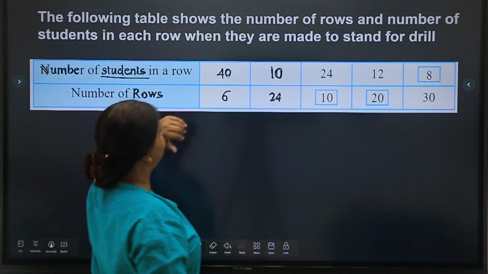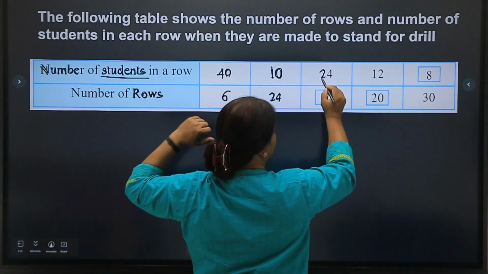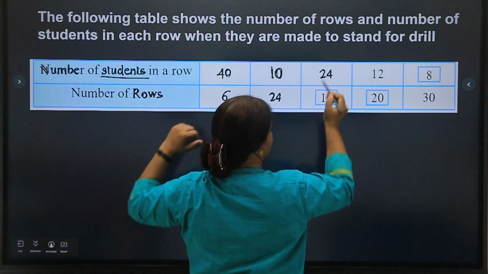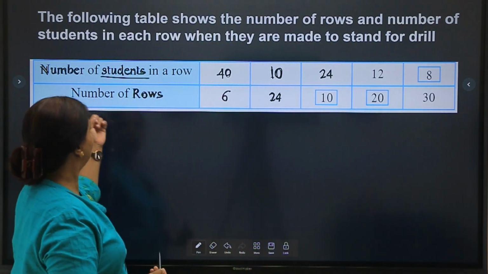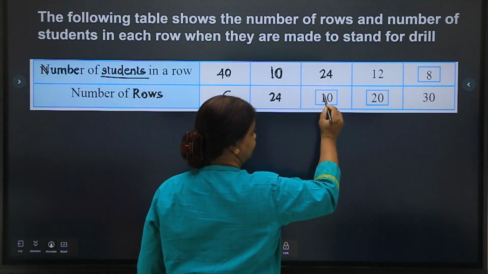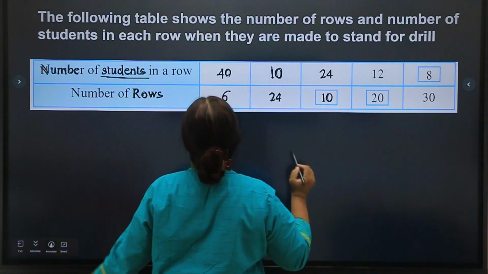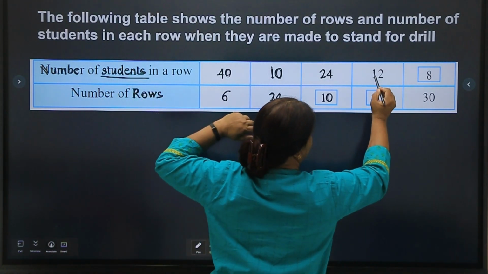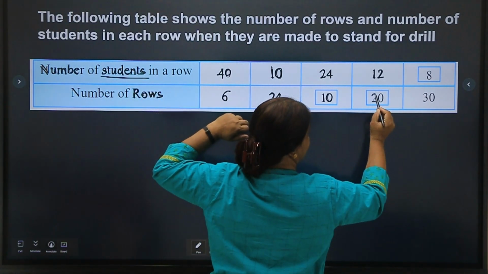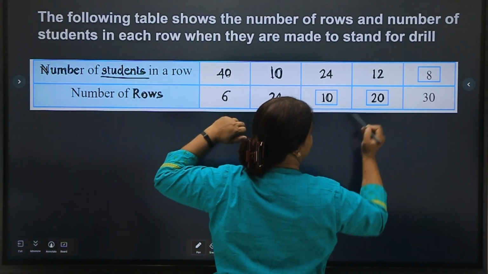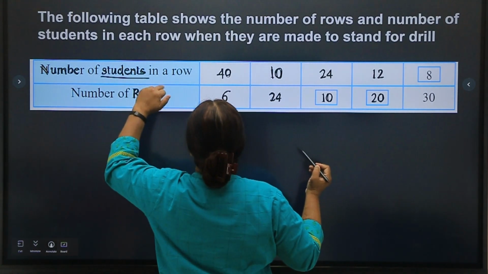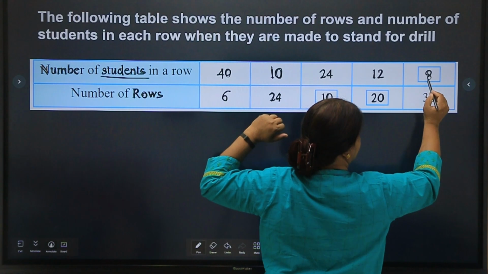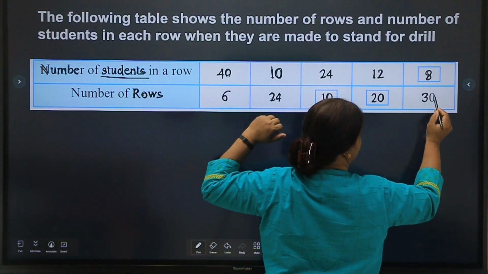When the number of students in a row is 24, the number of rows will be 10. If the number of students is 12, the number of rows is 20. And when the number of students is 8, the number of rows is 30.